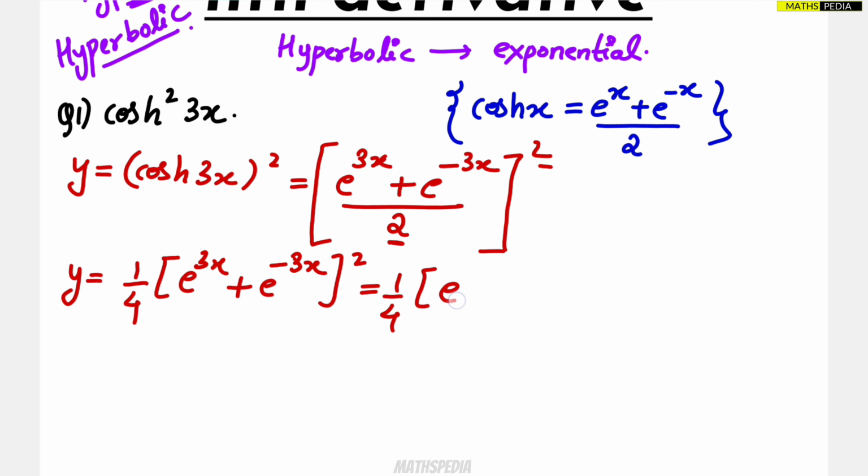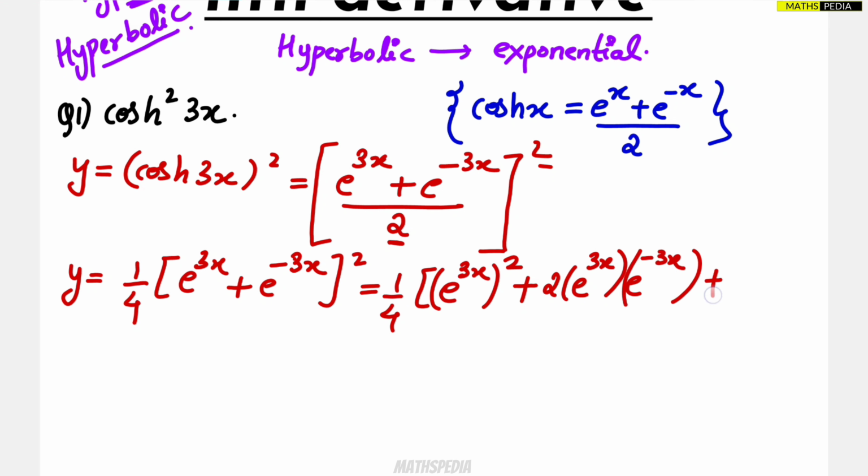A square, it is e power 3x square, plus 2 into a into b, so 2 into e power 3x into e power minus 3x, plus b square. B square is e power minus 3x square.